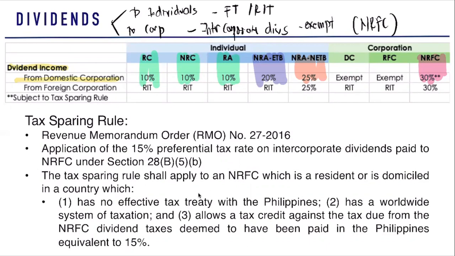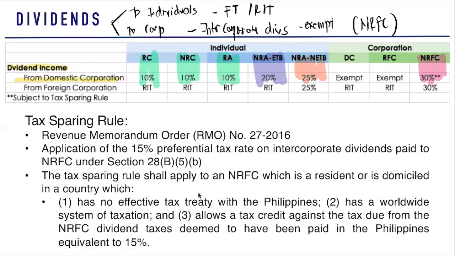So it is important to know if the source of dividend is a domestic or a foreign corporation. Sir, what do we mean by a domestic? It is a corporation which is registered here in the Philippines, and the incorporation is made in the Philippines. How about a resident foreign corporation?